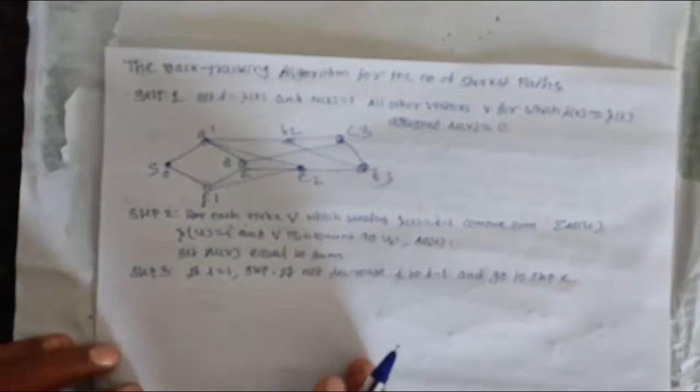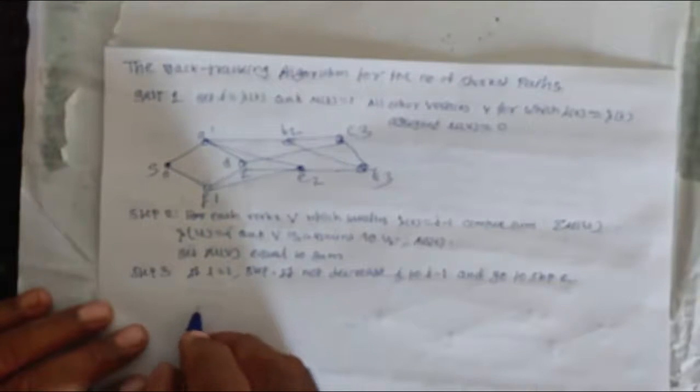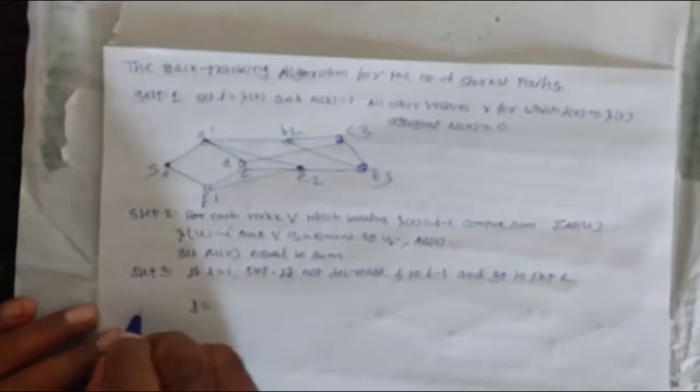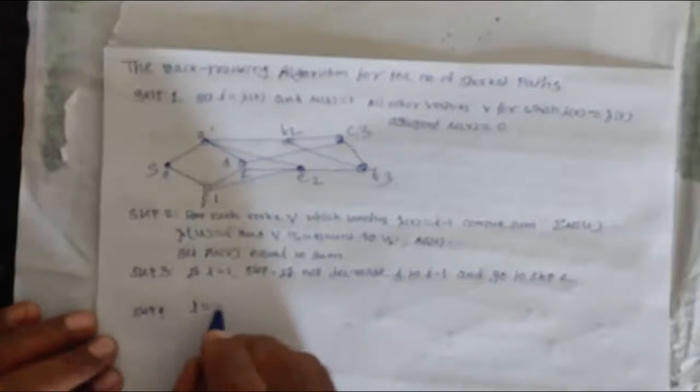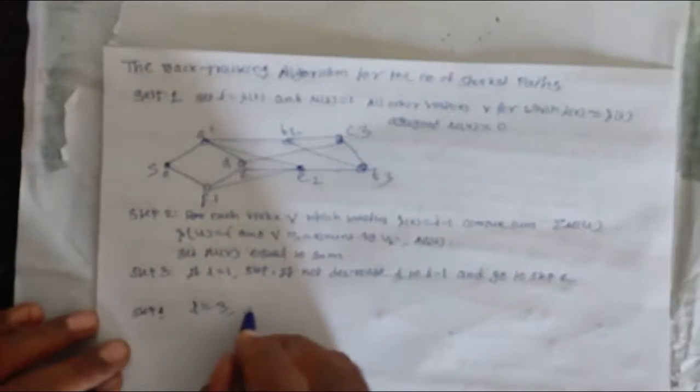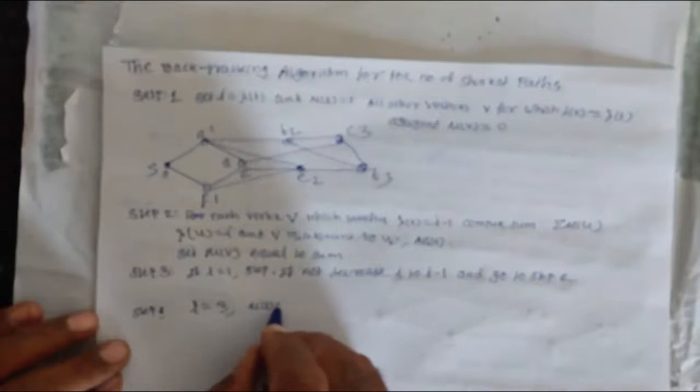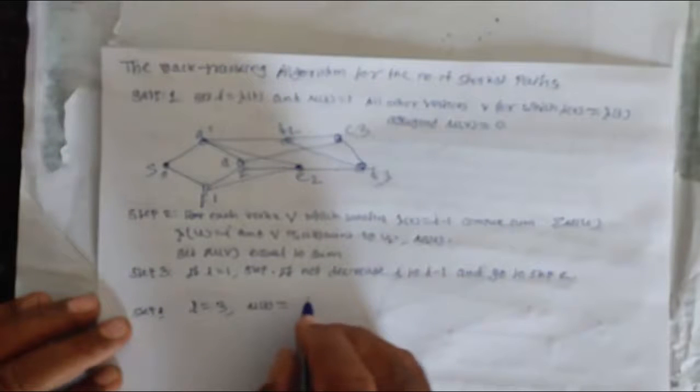Here, the number of paths from S to T is given. By using this step, for example, the same example: step first, I is equal to 3. Mu of T is equal to 1.